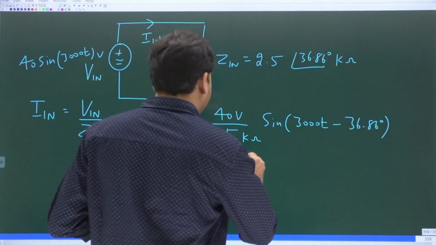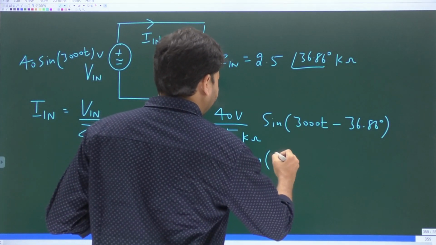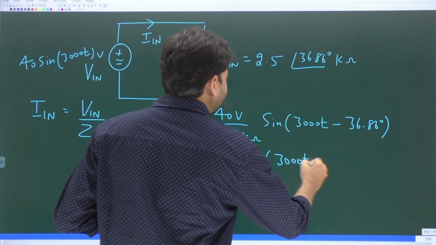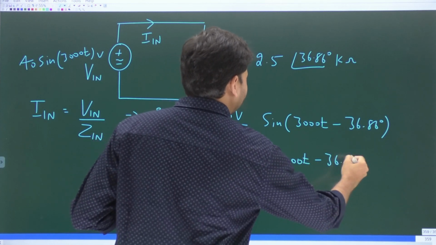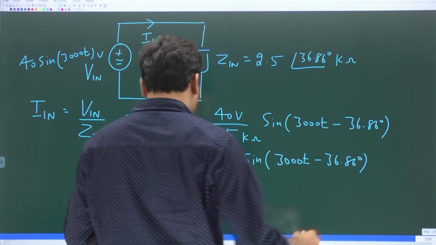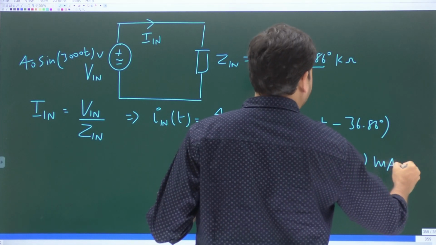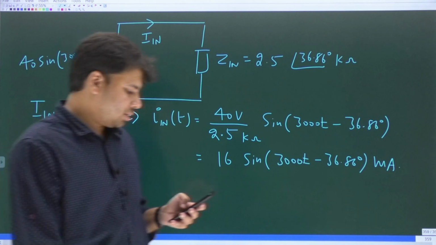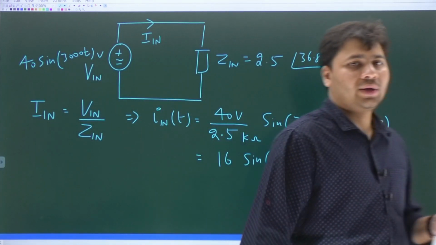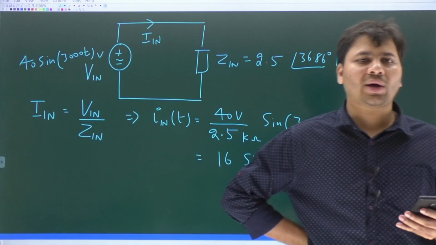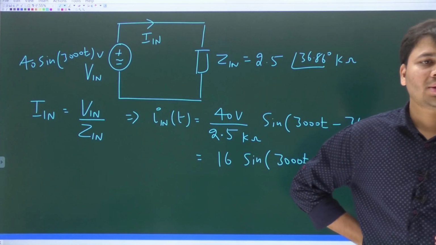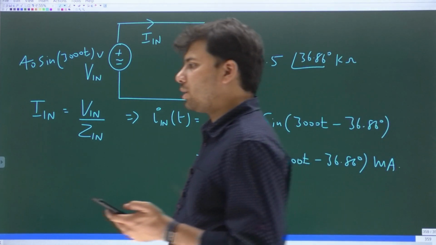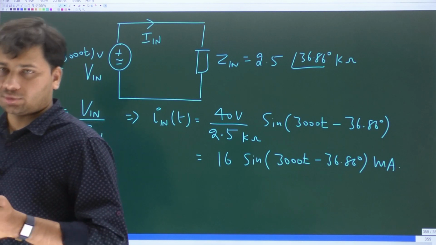So it is going to be 16 sine 3000 t minus 36.86 degrees, units milliamps. Okay, so please tell me, is the input voltage leading or is it the input current that is leading?